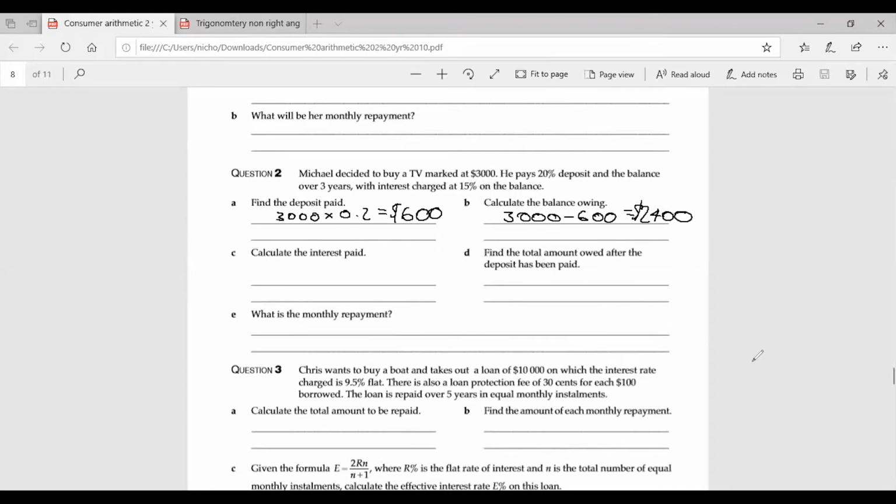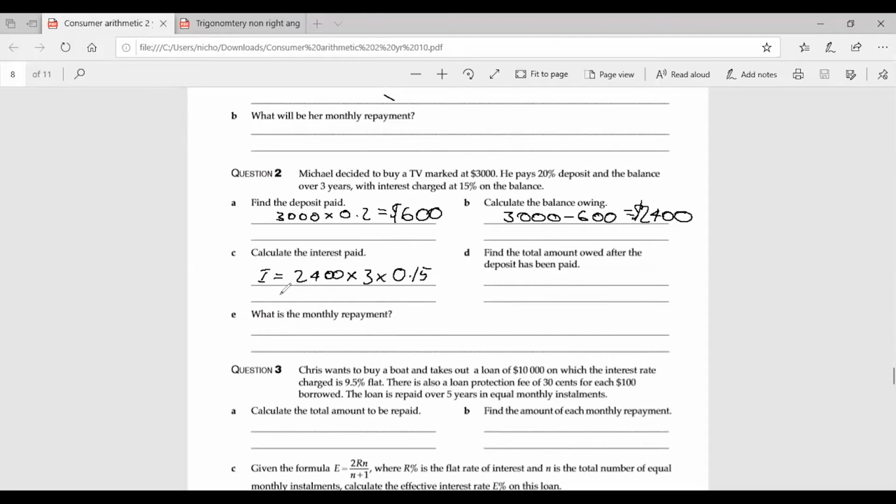So how would we calculate the interest? Would you do 2,400 times 3 times 15 over 100? Yep, so the interest is equal to 2,400 times 3 times 0.15.